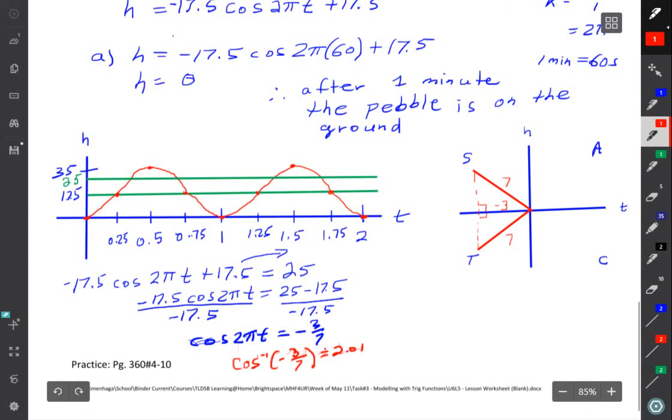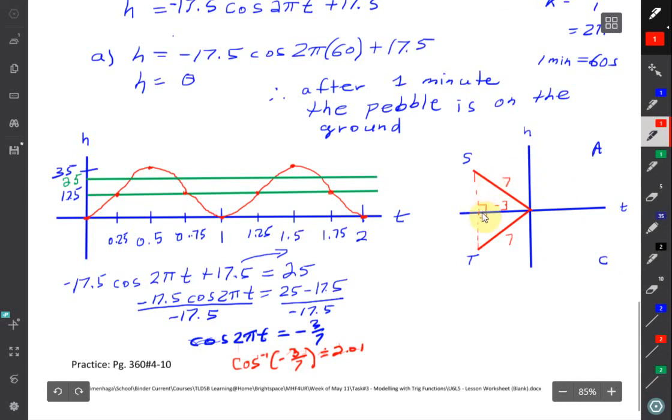Now what we have to remember is that we need to know whether that's an acute angle or whether that's an obtuse angle, less than 90 or greater than 90, because that tells us whether this is the angle inside of this triangle here, the related acute, or whether we've actually got this angle here. So from here to there is pi, half of a circle.